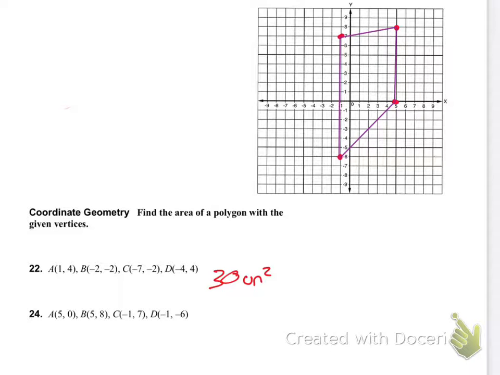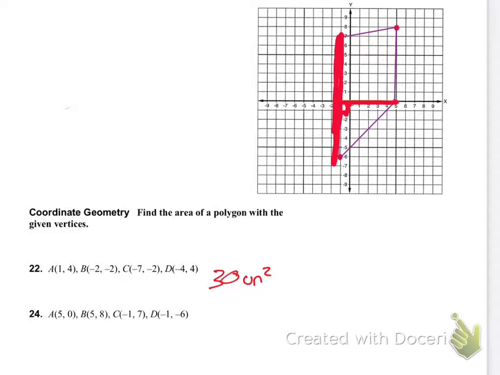Looking for a spot where I can make a 90-degree angle, it looks like it'd be right here. That's my 90-degree angle marker right there. So I would need the length of this and the length of this, because you just need to look for that 90-degree angle.